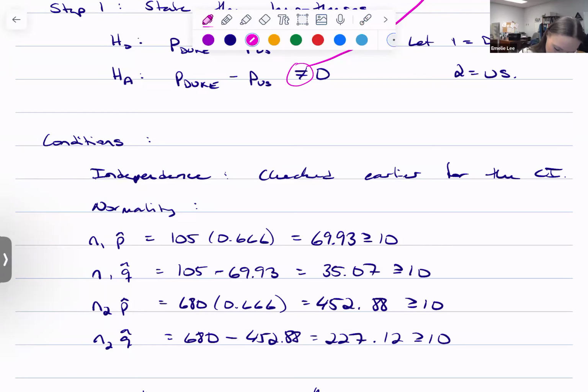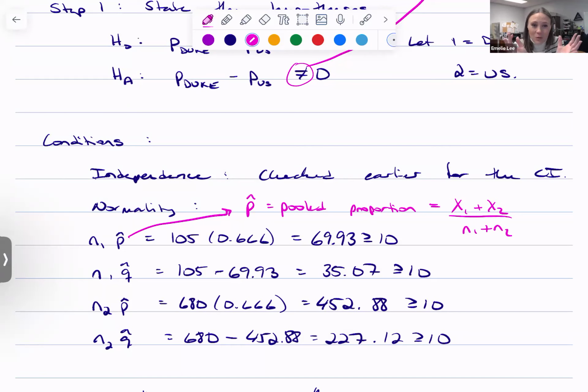It's x1 plus x2 over n1 plus n2, right? The number of successes in group 1 and 2 combined, right? That's why it's pooled over the total sample sizes, n1 plus n2. All of those are going to be greater than 10, so that's great. It's just something that we need to check.